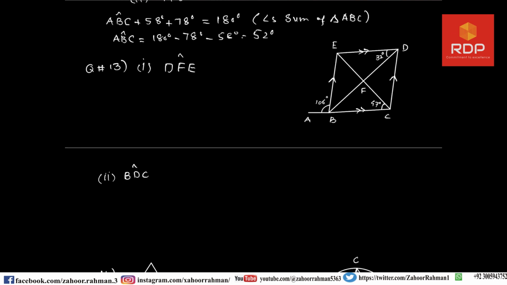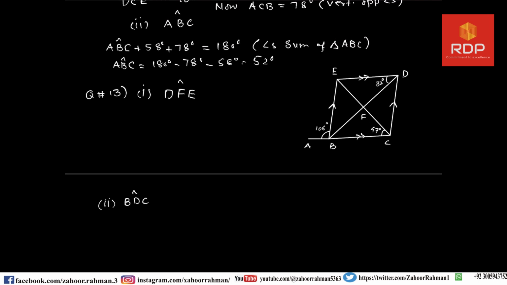Now we are turning to question number 13, in which this figure is given to you, and they are saying that there are two pairs of parallel lines. One is ED and ABC. These two lines are parallel, and these two lines BE and CD are also parallel lines. They have given us three of the angles.